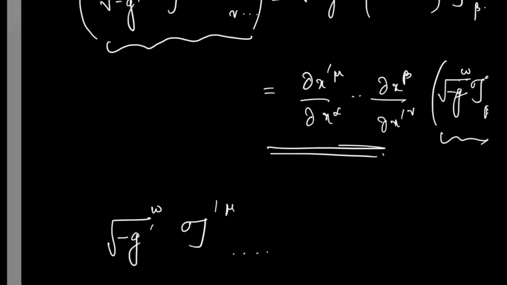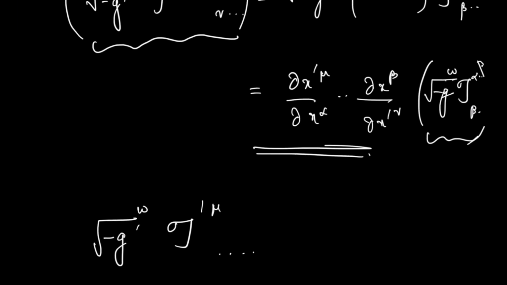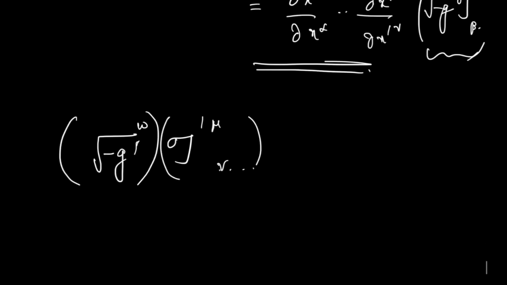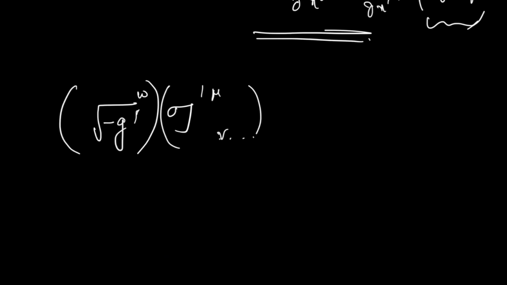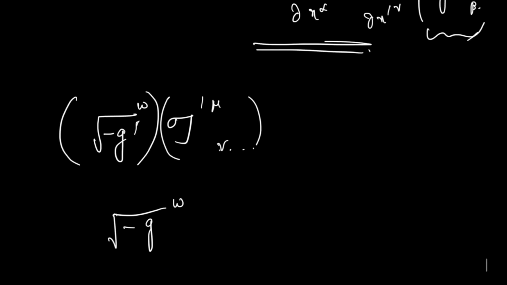Or when I multiply a tensor density with this factor, then it will become an ordinary tensor. Similarly, in the same way, if you multiply an ordinary tensor by root of minus g raised to w, then it will become a tensor density of weight w.